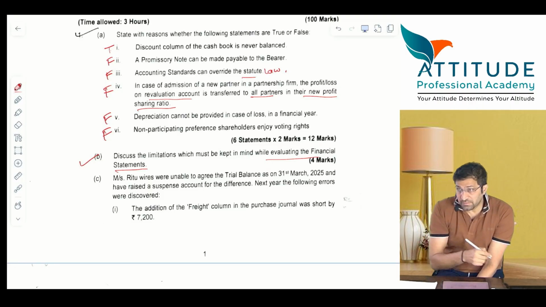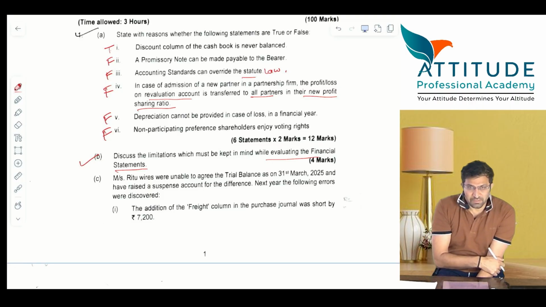Financial statements, okay? First one, right there. Factors which may be relevant.